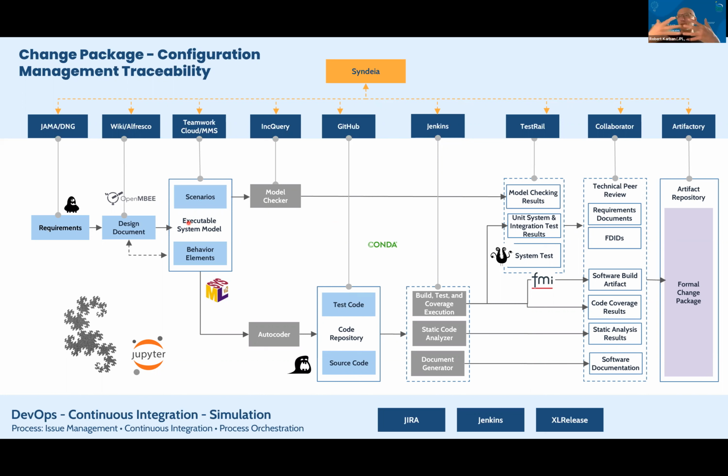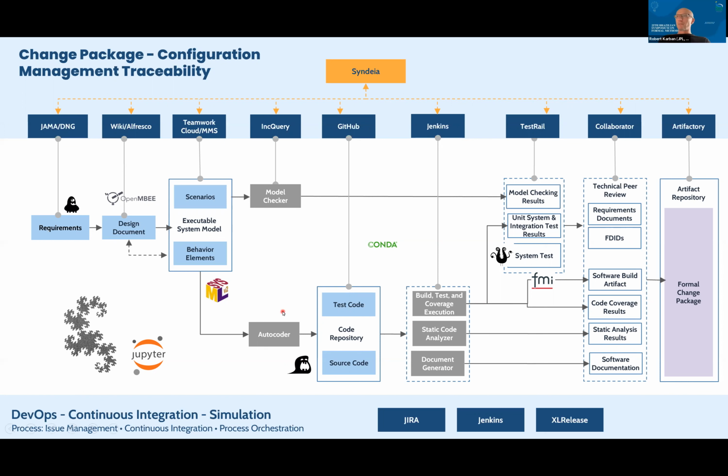That would be another pipeline. So this is the pipeline, from requirements to the artifact repository. At any time of the system development life cycle, there should be a piece of everything there, at different levels of fidelity and detail.